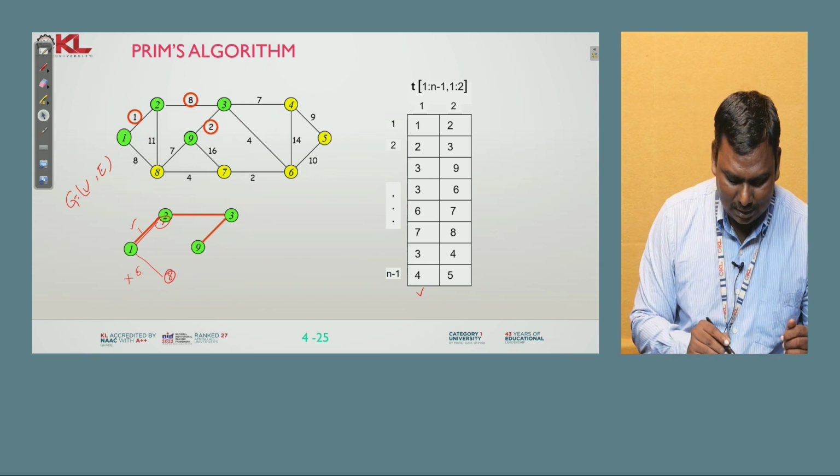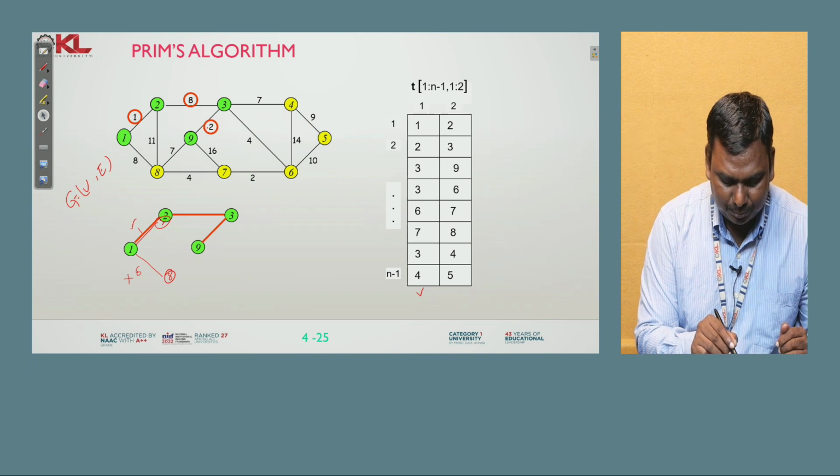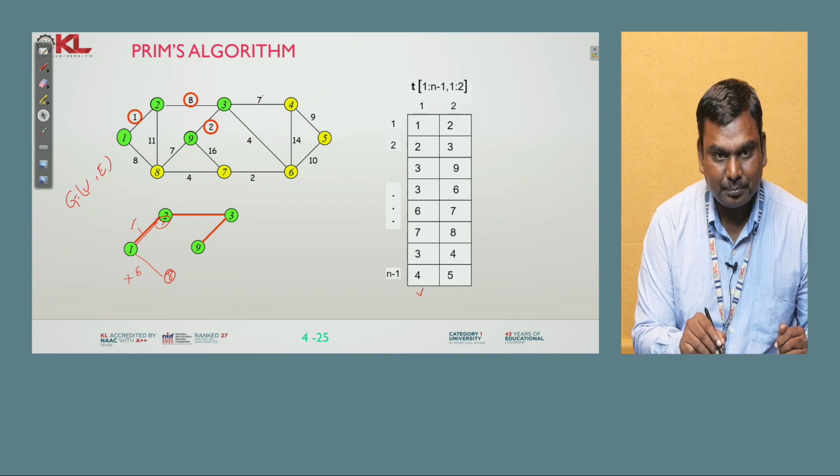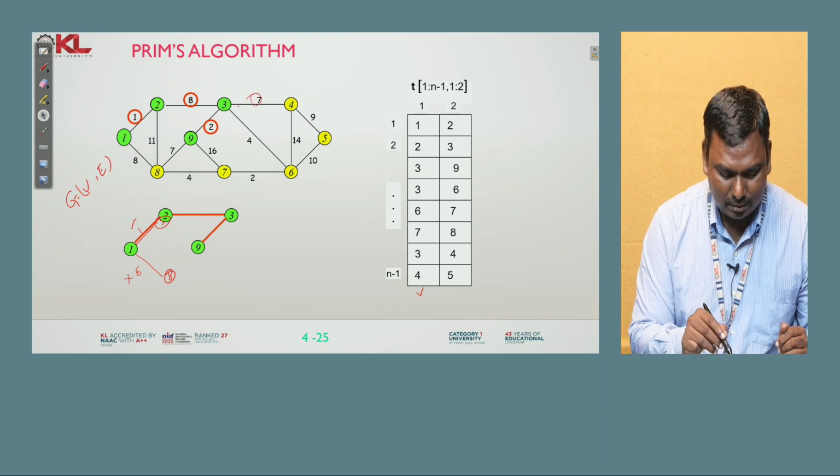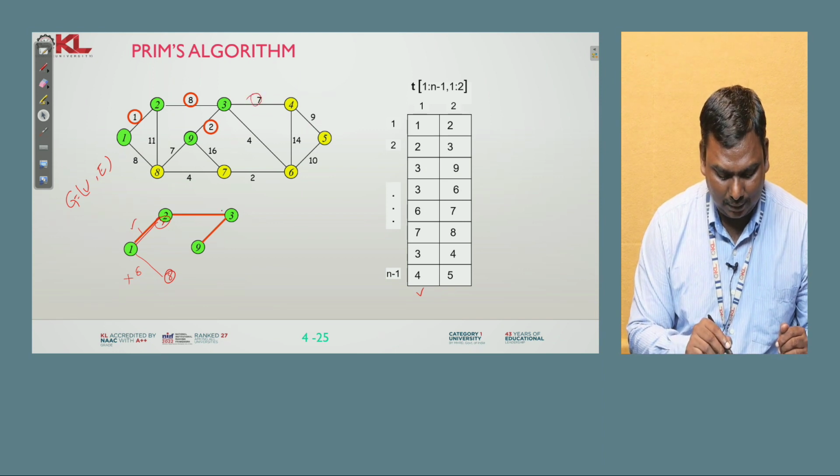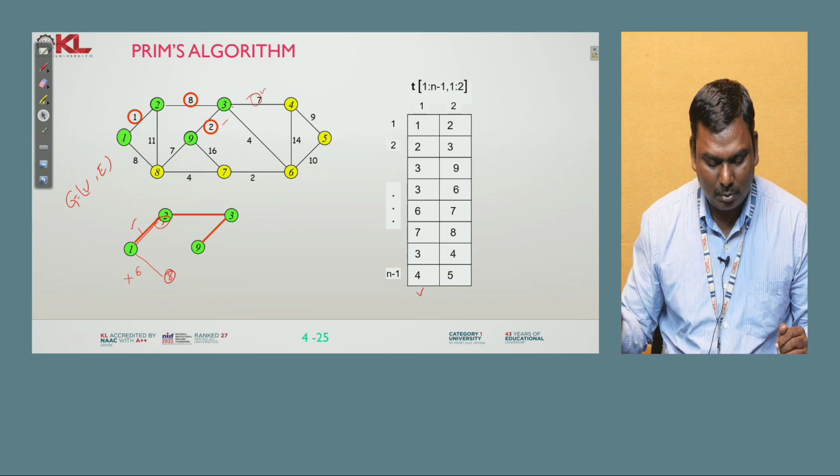Here we check 2 to 4, which has a weight of 9 and 7. Among these, the minimum weight value is 2, so we connected 3 to 9. Again we find the next minimum cost value, 3, and from the vertex to another edge 6 is the minimum weight value.